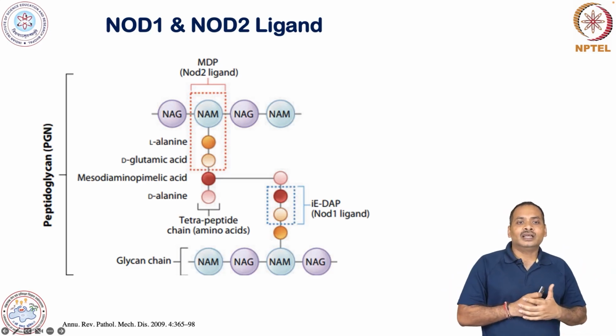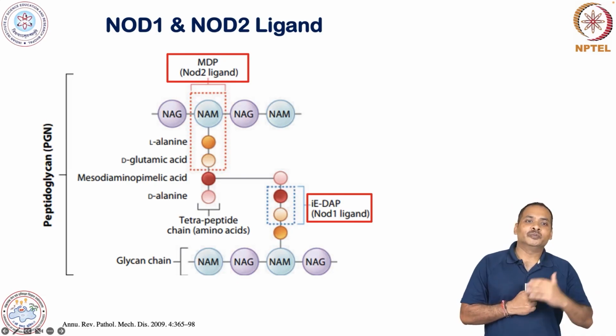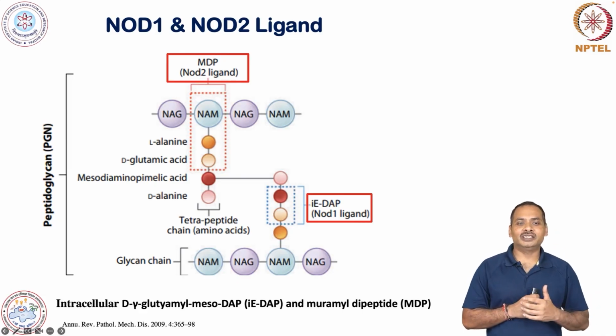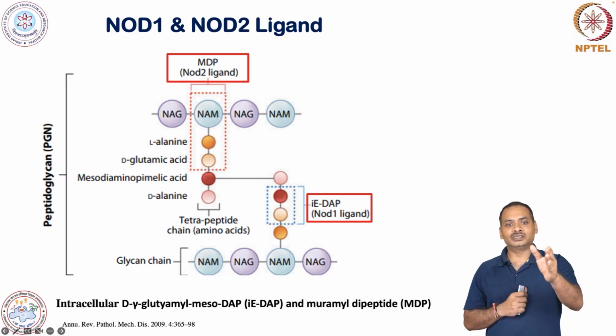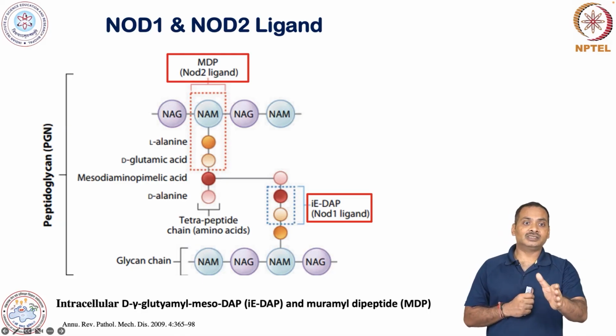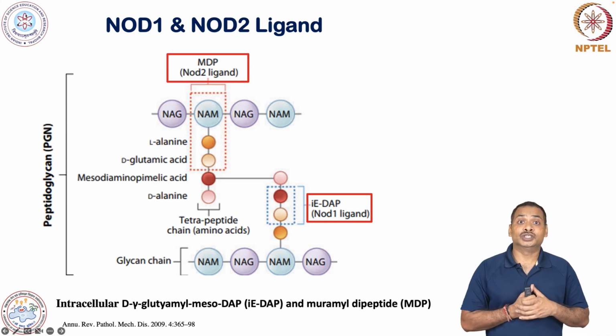Here you can see MDP is muramyl dipeptide. This component consists of N-acetylmuramic acid, L-alanine and D-glutamic acid, and it is sensed by NOD2.